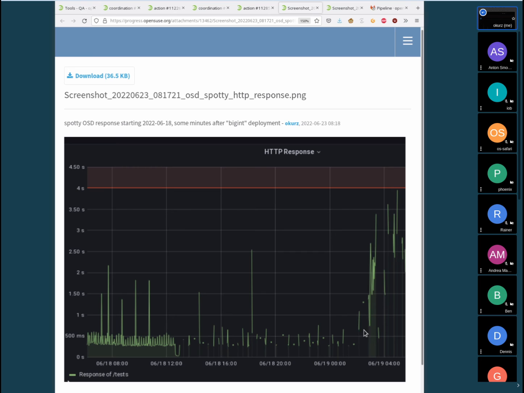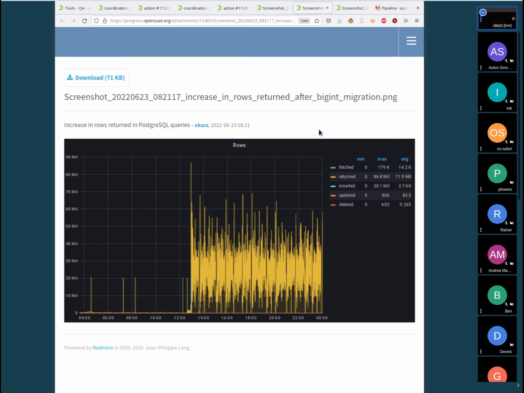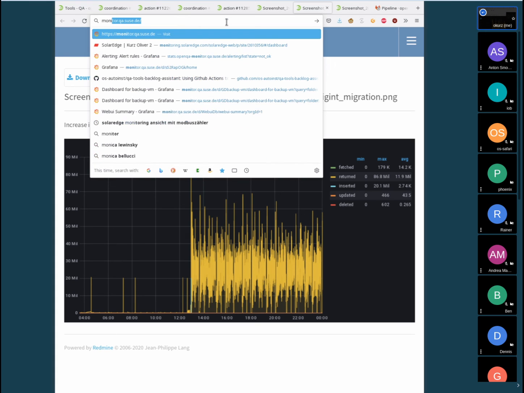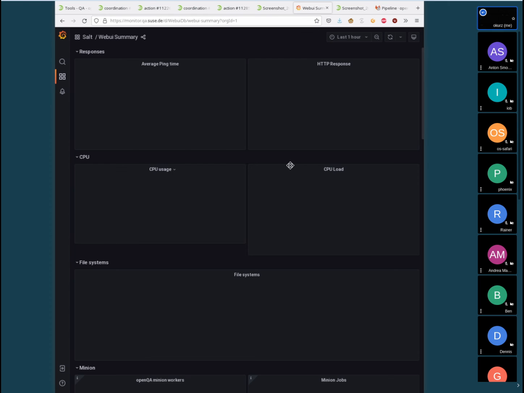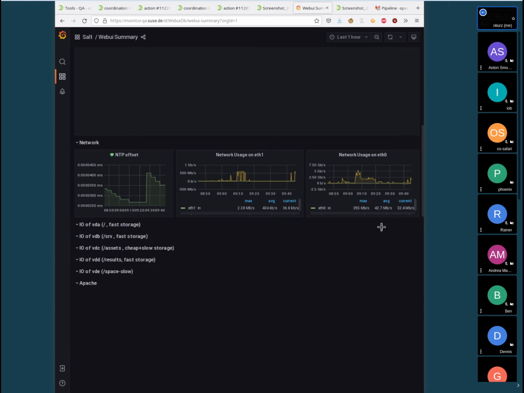I can show you here that this was when an automatic reboot was conducted, and it didn't really help to change the situation. Okay, sorry, you cannot see it there. Let's see if I can find if there's still enough data there.